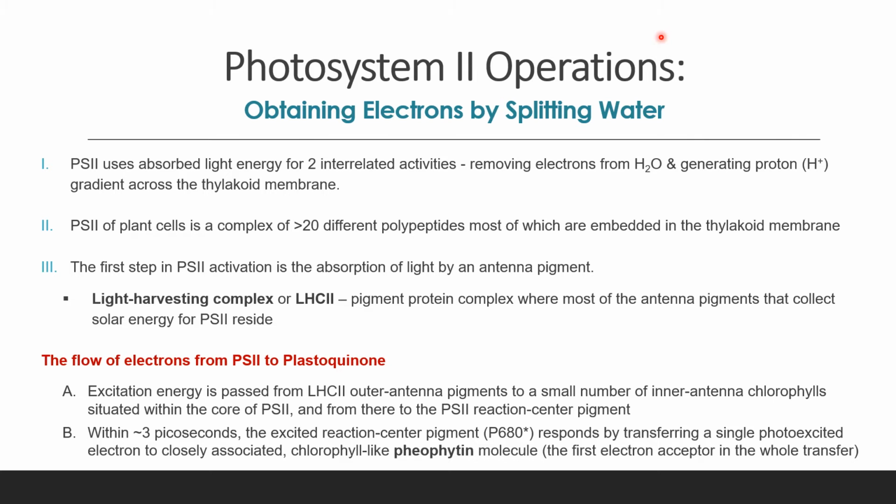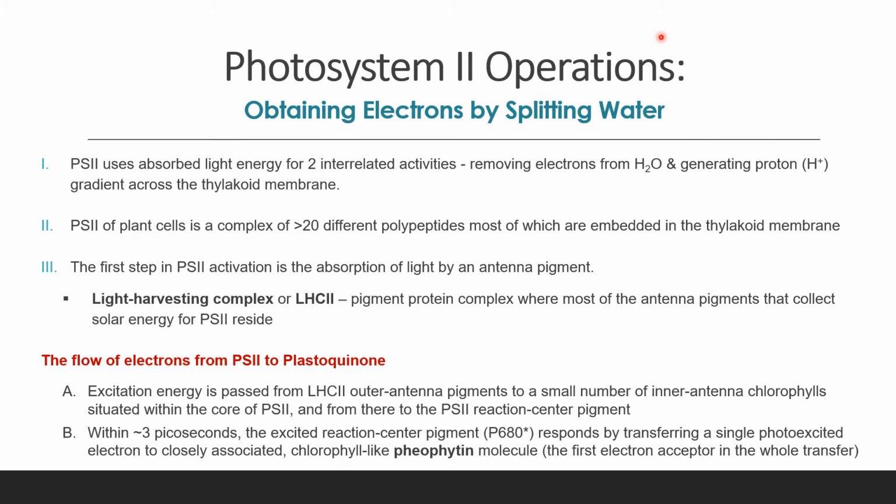So for you to be able to follow how the flow of electrons from photosystem 2 to plastoquinone happens, please check the image that you will see in your book on page 208. It shows the functional organization of photosystem 2.